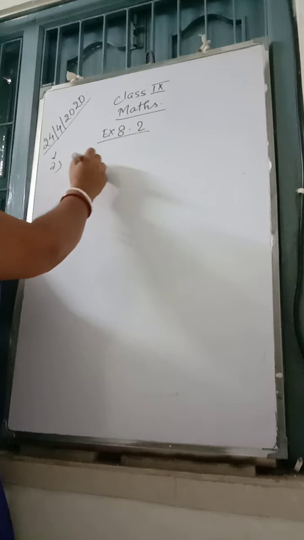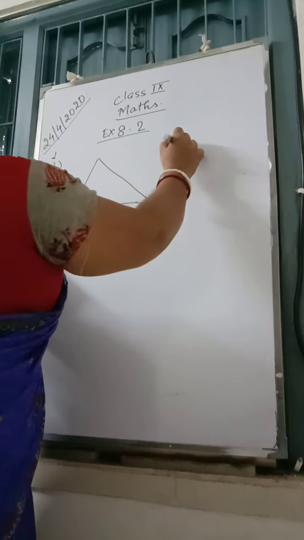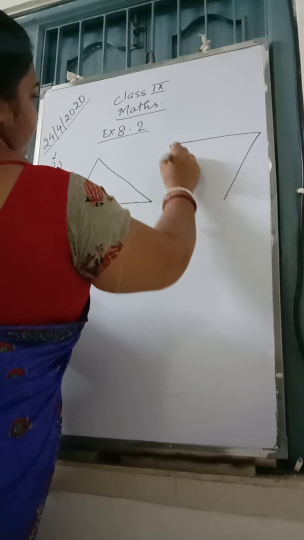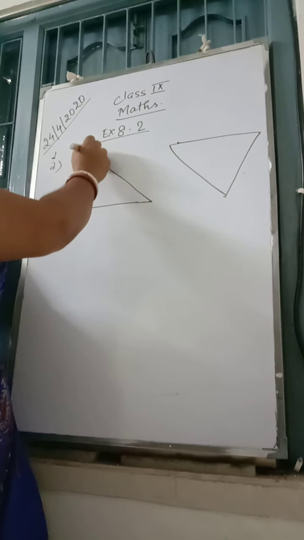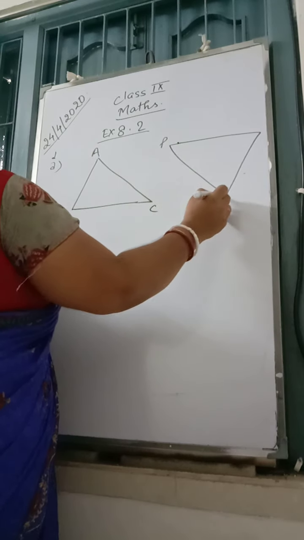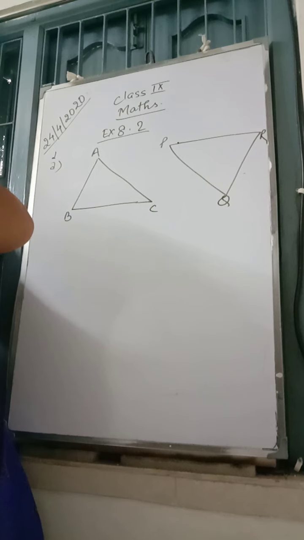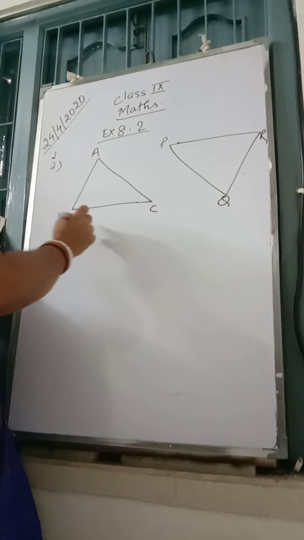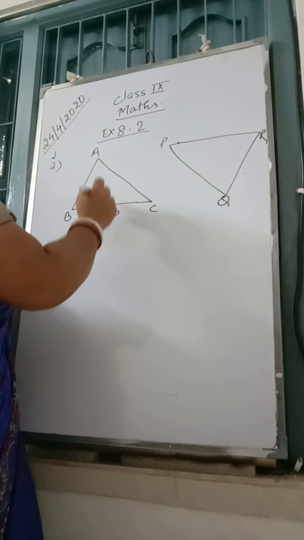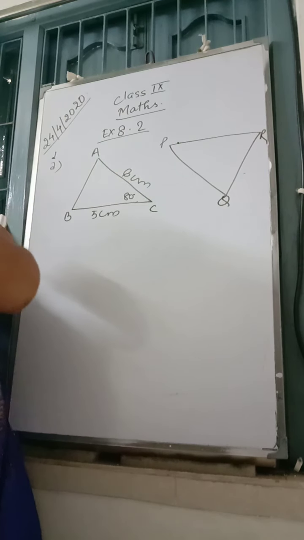8.2, 1a, triangle ABC. We have two triangles here. I am drawing ABC, PQR. To make you understand, I am drawing. You can draw it in rough and see whether it is correct or not. Now you see it is given BC is 5 centimeter, AC is 6 centimeter, angle C is 80 degree.